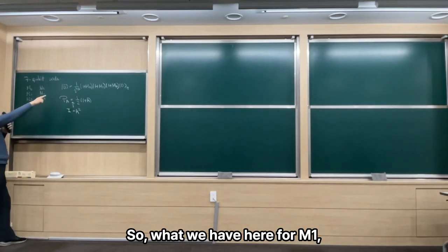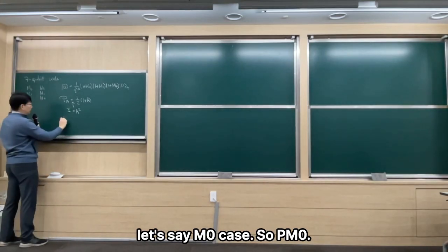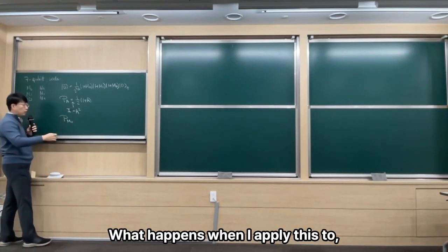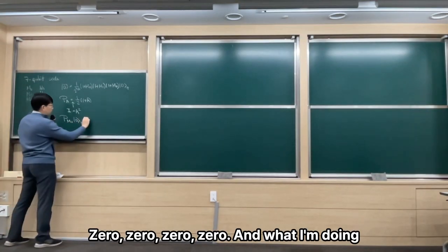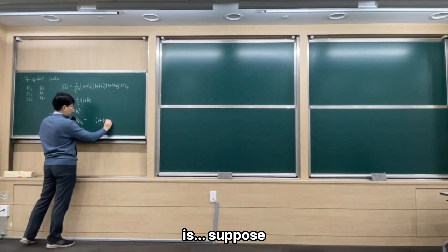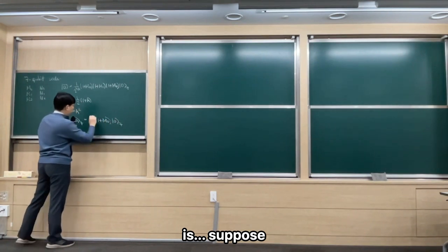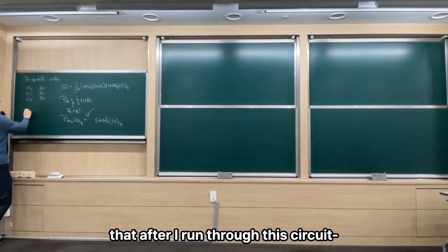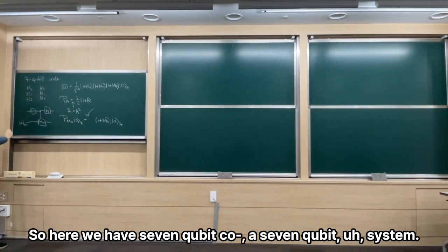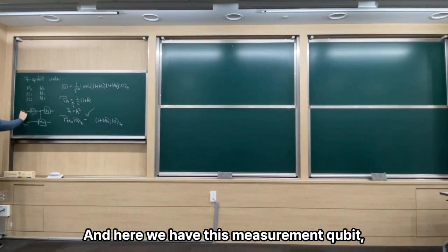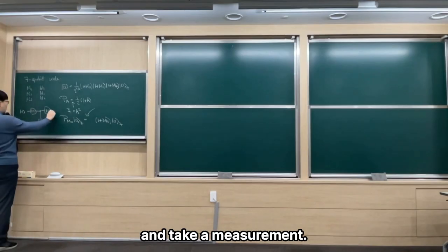So what we have here for M0: what happens when I apply P M0 to, let's say, the 7-qubit state 0, 0, 0, 0? Suppose that after I run through this circuit, here we have the 7-qubit system, and here we have this measurement qubit, and I take a measurement.